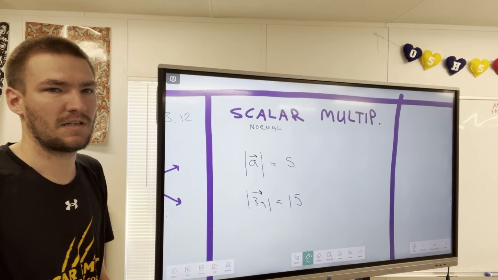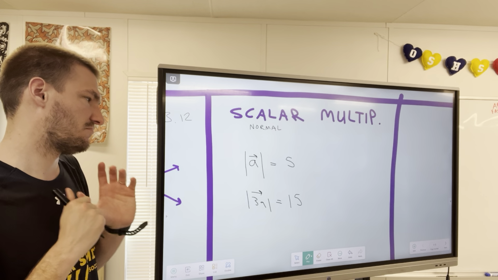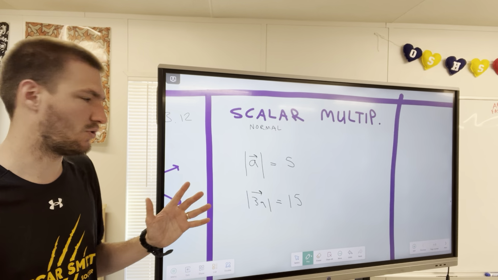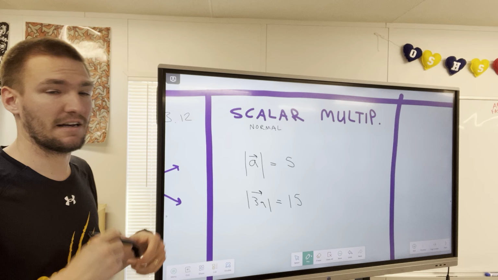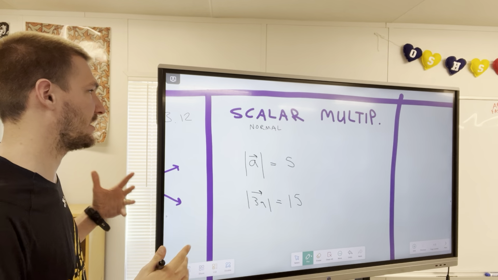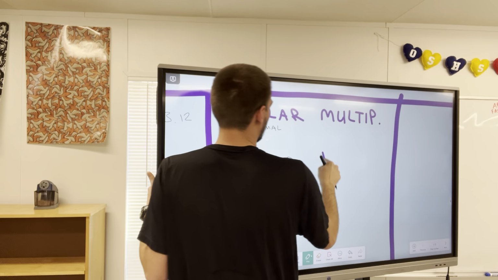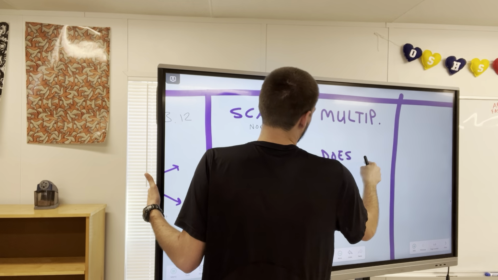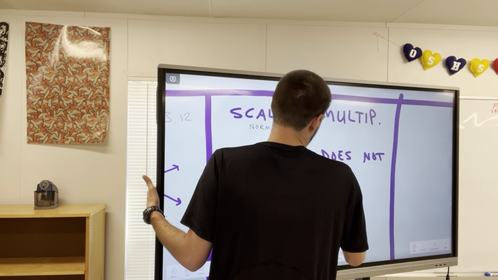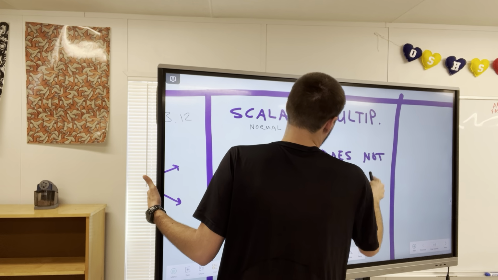It is just 3 times more. It's affecting the magnitude there and it's changing it. But scalar multiplication does not affect the direction.